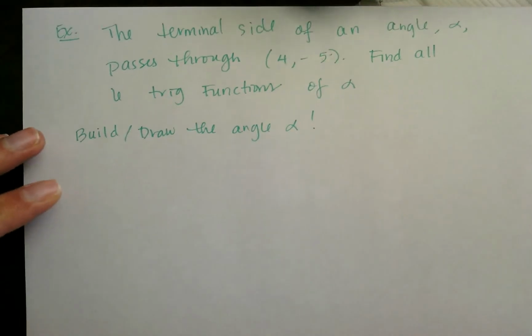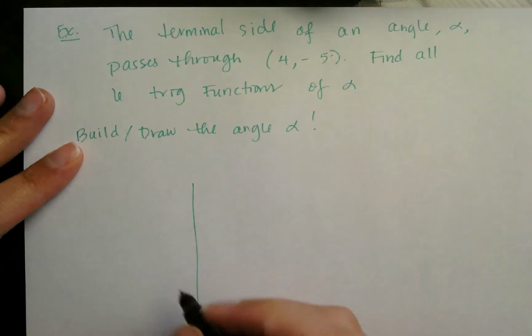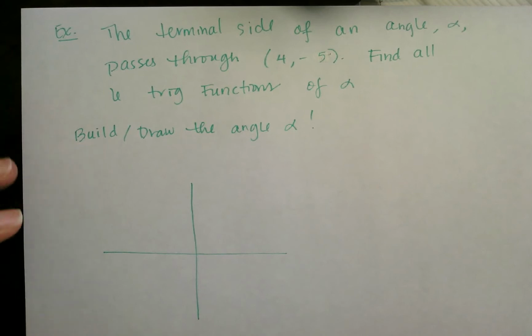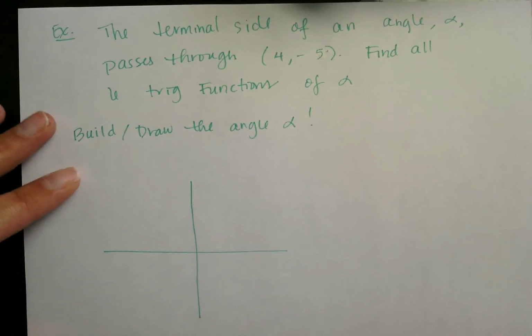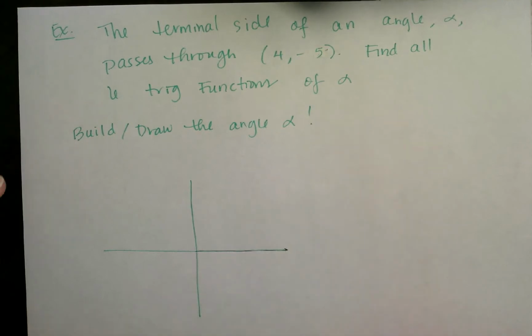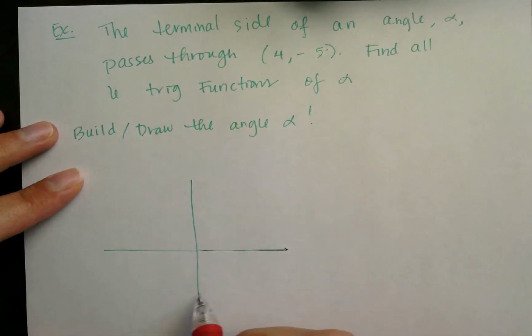That's what we gotta do. And again, I'm gonna build it on the XY coordinate system. So it says that the terminal side of an angle alpha goes through (4, -5). So here's your initial side, and then it goes through (4, -5). So go over to the right 4 and down 5.